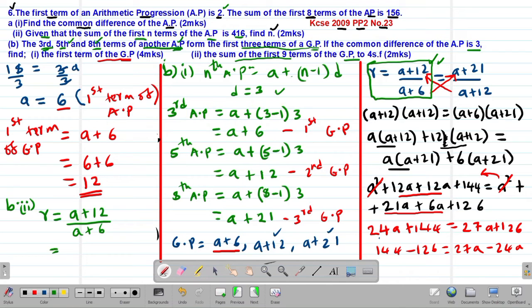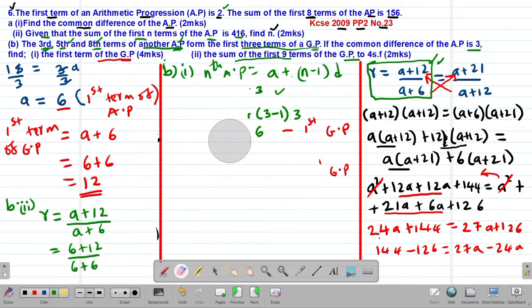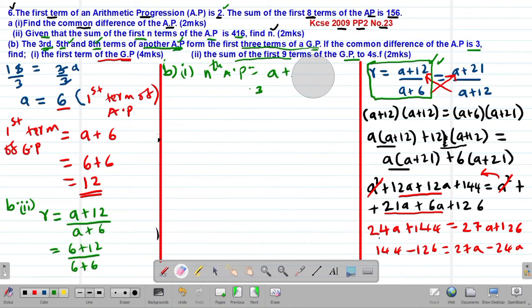So this will be equivalent to, my value of A was 6, so this is 6 plus 12 divided by 6 plus 6. Let me clean this area here so that we can complete the working. So our common ratio will be given by 6 plus 12, which is 18, divided by 6 plus 6, which is 12.